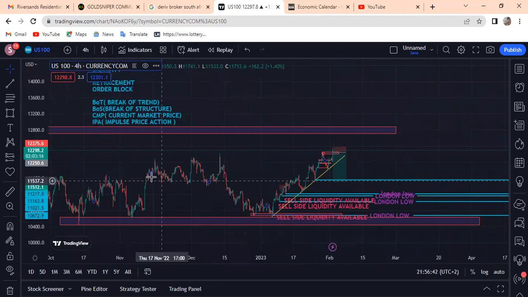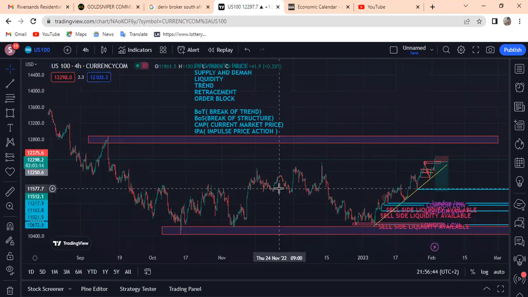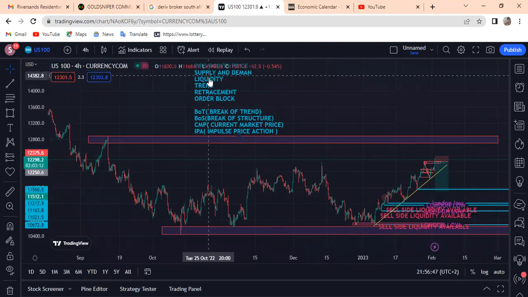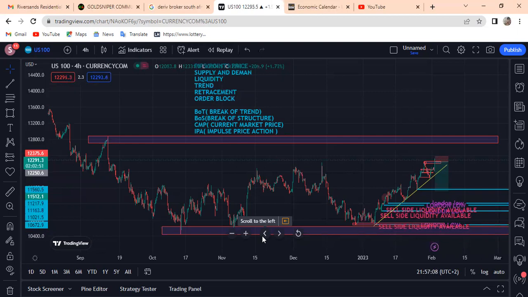So what is between the supply and demand is liquidity. Whatever is in the middle, between supply and demand, or whatever separates supply and demand, is always liquidity. And that liquidity either needs to go from the demand and reach the supply, or go from the supply and reach the demand.